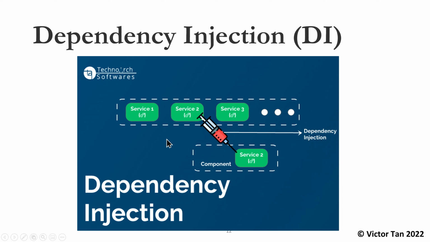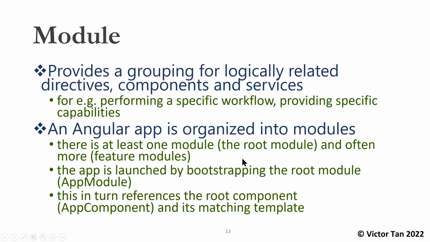So you have basically all these services which are TypeScript classes, and then Angular's DI framework will actually locate the correct service that's required, and you inject it into the component that requires the service at runtime. Okay, so dependency injection is a runtime mechanism when the component actually requires the service while it is executing. The DI framework of Angular will locate that service and inject it into the component.